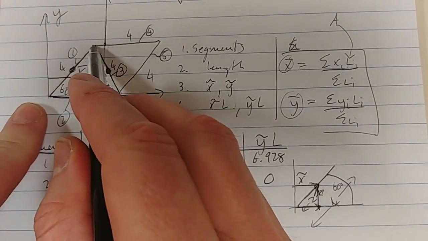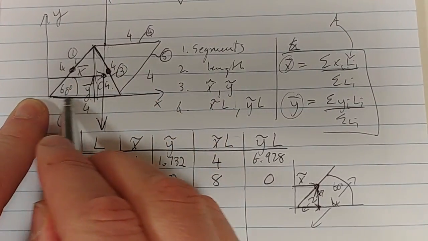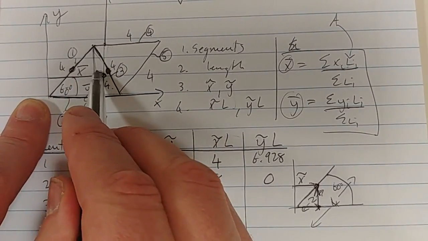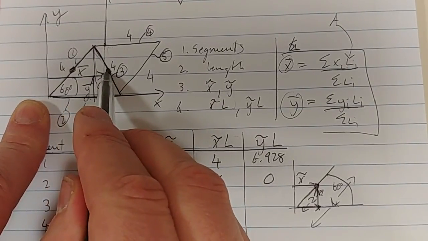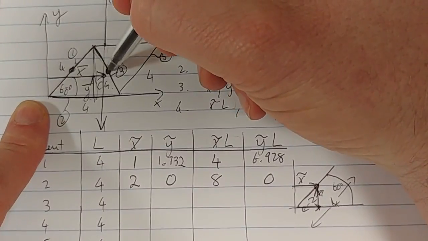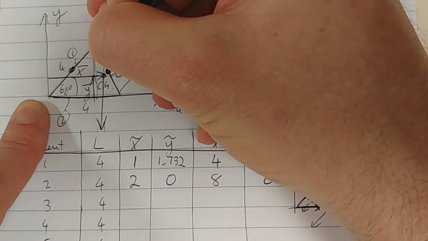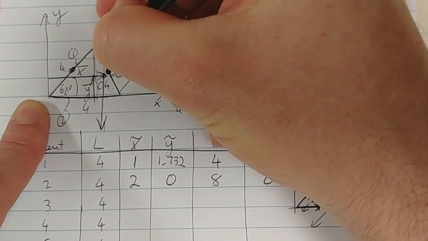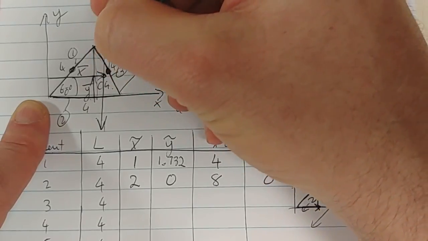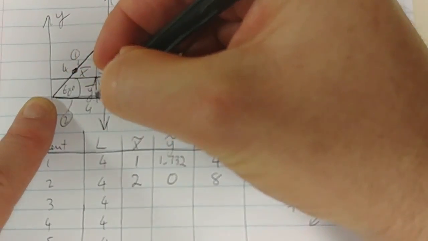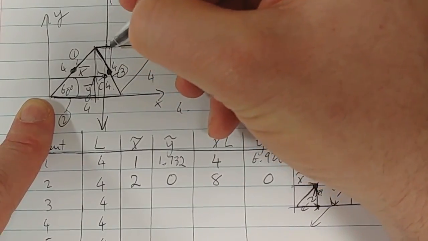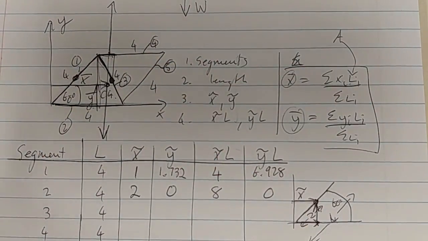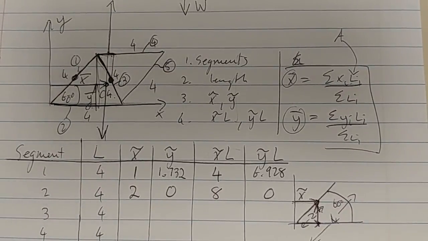Then I still have to find the distance from that point to the centroid, which will be 2 cos 60. So it's 2 plus 2 cos 60, which is that horizontal distance.